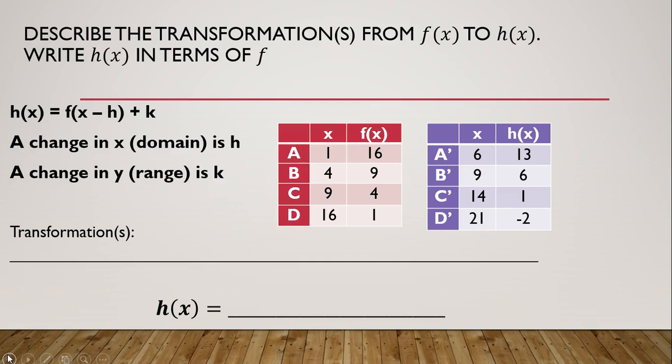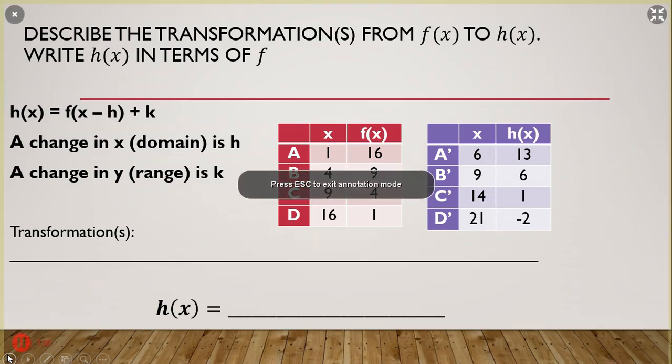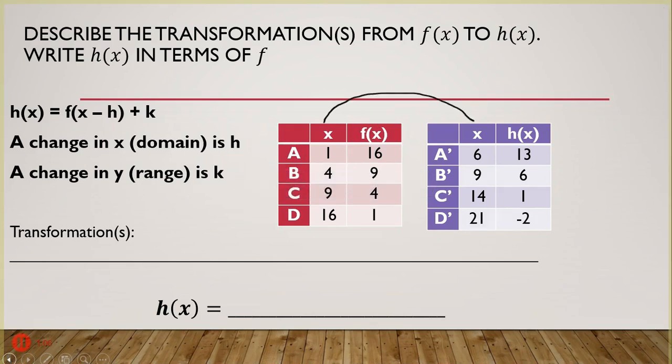So let's start by comparing the x columns of both functions. And when I look at these two functions, and I look at the x values, notice that we're going up by 5. 1 plus 5 is 6. 4 plus 5 is 9. 9 plus 5 is 14.